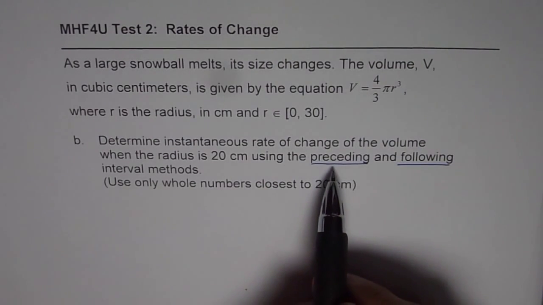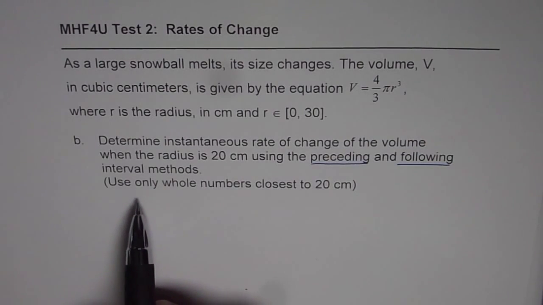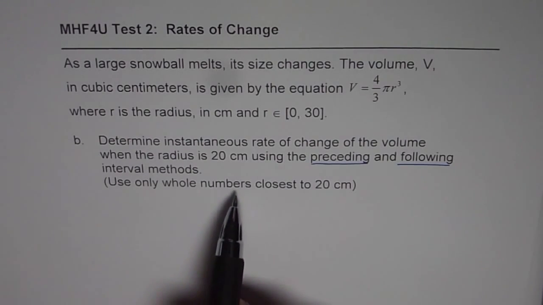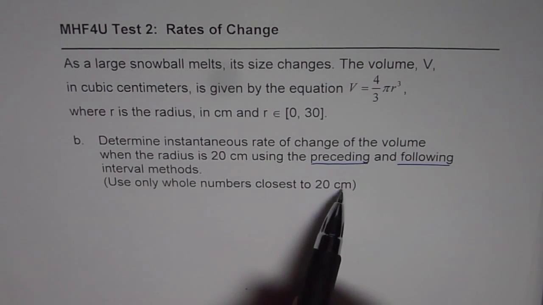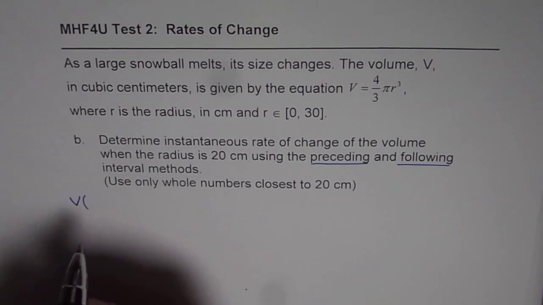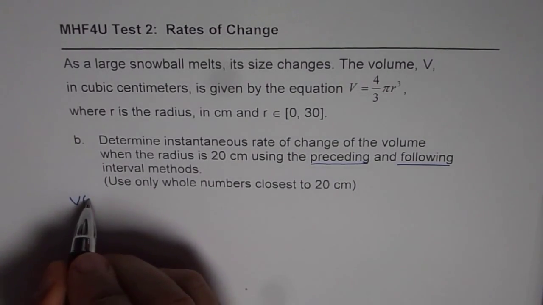Normally we take 0.1 or 0.01 as the difference in the values, but in this question it has been specifically mentioned to use only whole numbers closest to 20 centimeters. So you need to calculate the volume when the radius is 21.